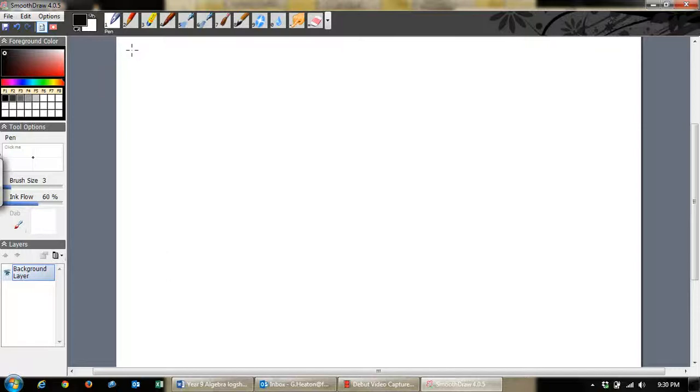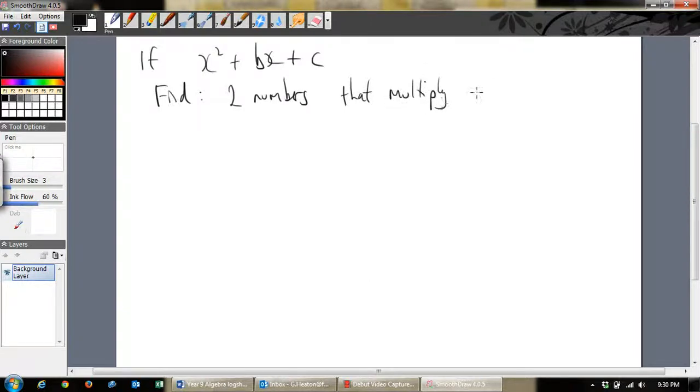But basically, for the first method, if you have x squared plus bx plus c, if that's what you're trying to factorise, then what you're looking for is to find two numbers that when you multiply them, you get c, and those same two numbers that when you add them, you get b.